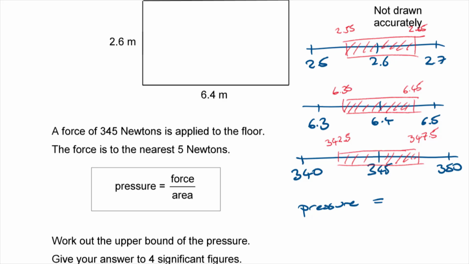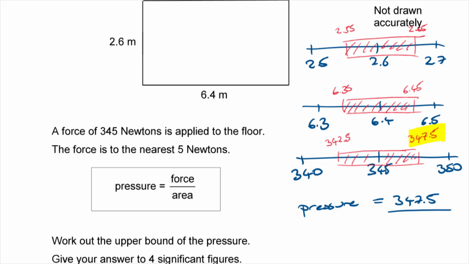I need the biggest possible number on the top of this fraction to get the largest possible pressure. So I take the upper bound of my force, 347.5, and divide that by the area.